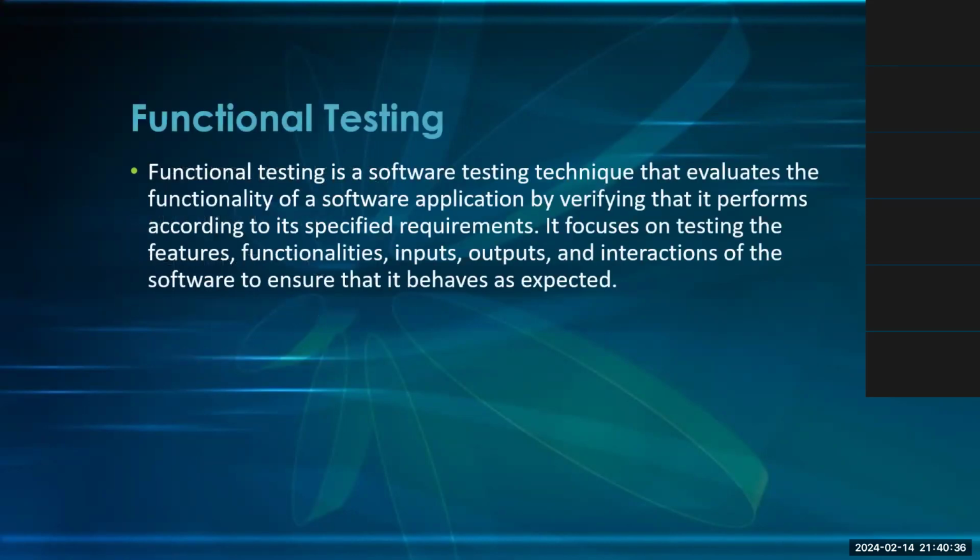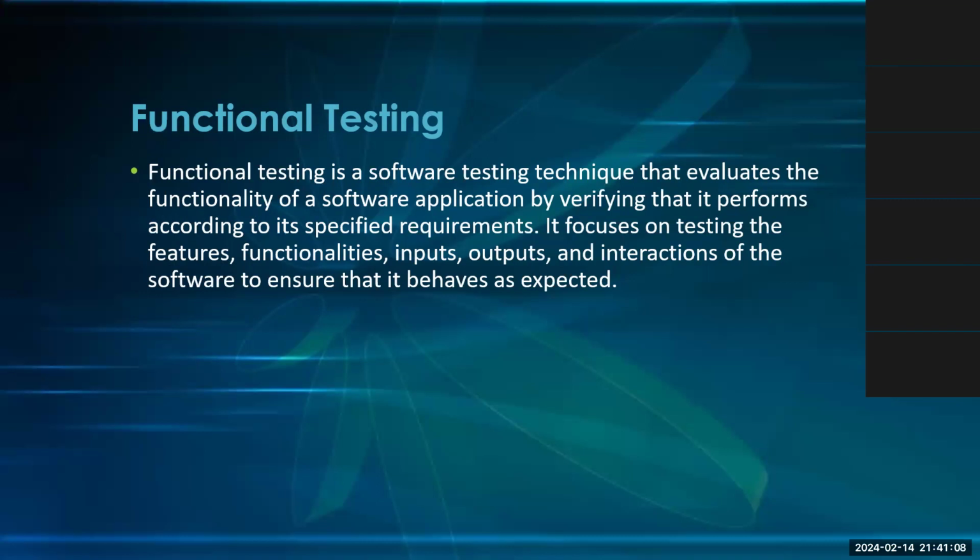Functional testing is a software testing technique that evaluates the functionality of a software application by verifying that it performs according to its specified requirements. It focuses on testing the features, functionalities, inputs, as well as the output and the interaction of the software to ensure that it behaves as expected.